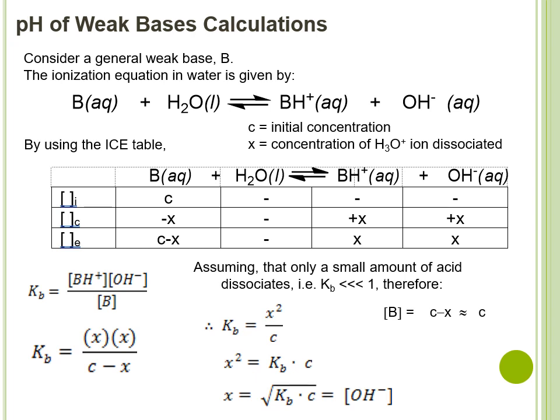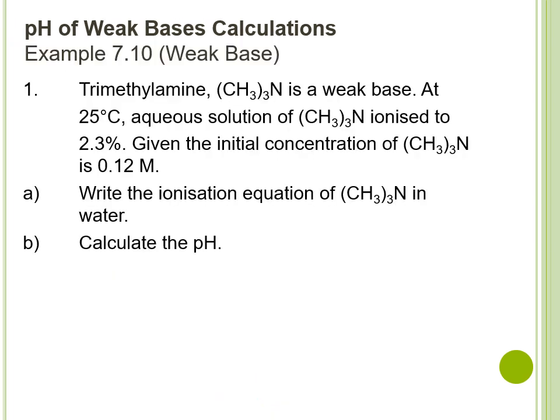So we replace C minus X with C. And now we can find X, whereby X is the square root of Ka multiplied by C. This is the concentration of H3O plus in the dissociation and ionization equation.